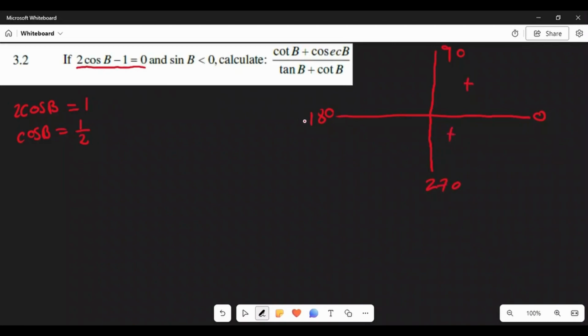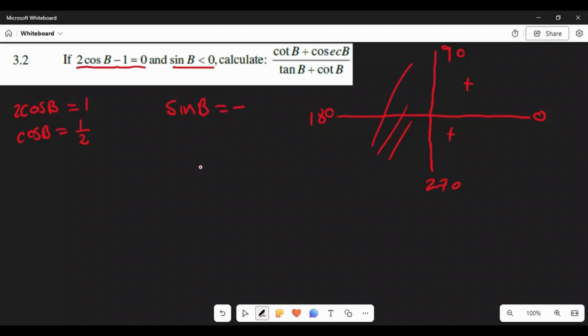So we need to find out another thing that will help us to choose between the two, because these ones are out, by the way. So when you look at this one here, it says that wherever this calculation will be done, sine must be less than 0. It means that sine, wherever we'll be doing the calculation, will be negative. So sine b is actually negative, guys, right?